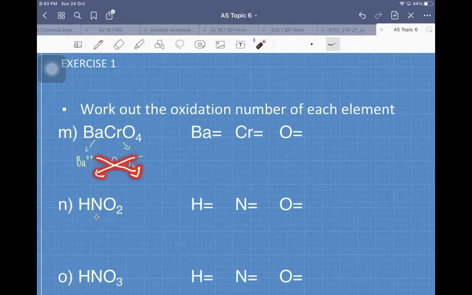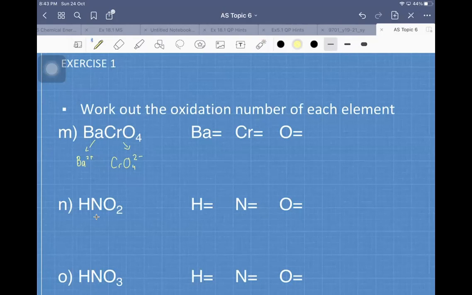BaCrO4. Now there's something wrong with this. Sorry, it's not minus. It should be 2 minus. CrO4 2-. If I did that, luckily I checked, it wouldn't be BaCrO4, it would have been Ba2(CrO4)2.